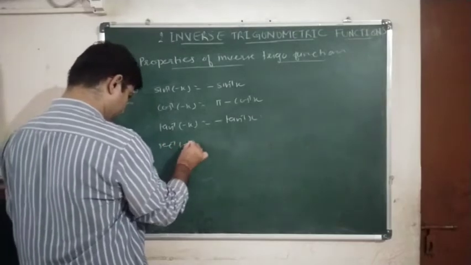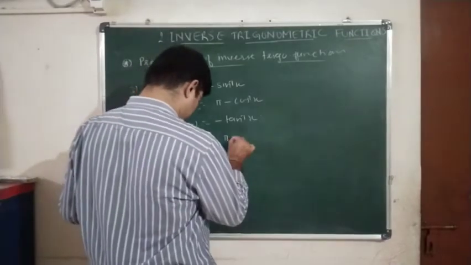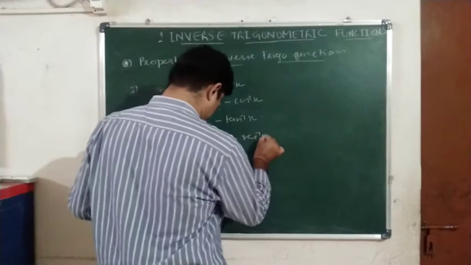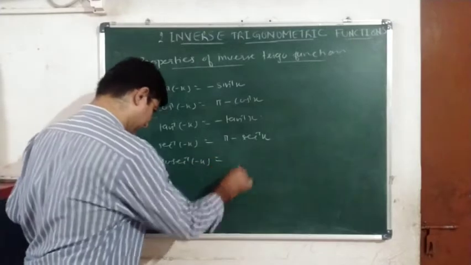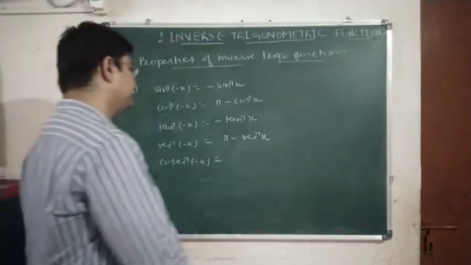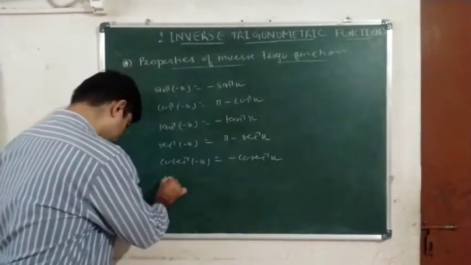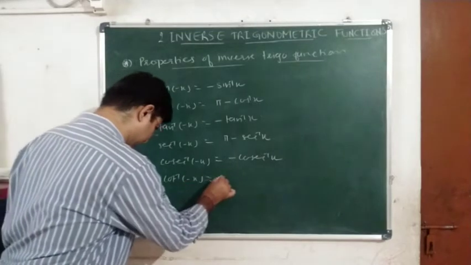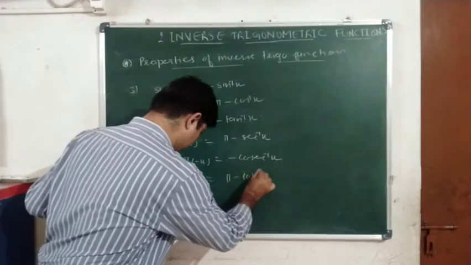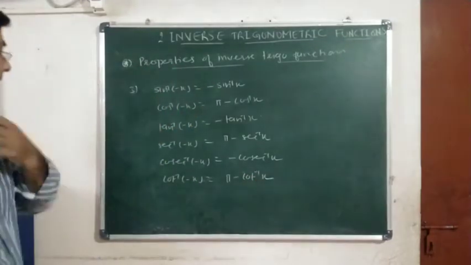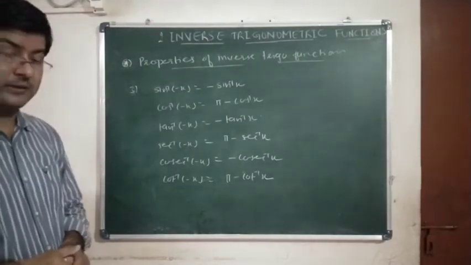Similarly, sec inverse of minus x is equal to pi minus sec inverse x. Cosec inverse of minus x is equal to minus of cosec inverse x, and cot inverse of minus x is equal to, sorry, it is pi minus cot inverse x. Clear? So this is the property number 3.